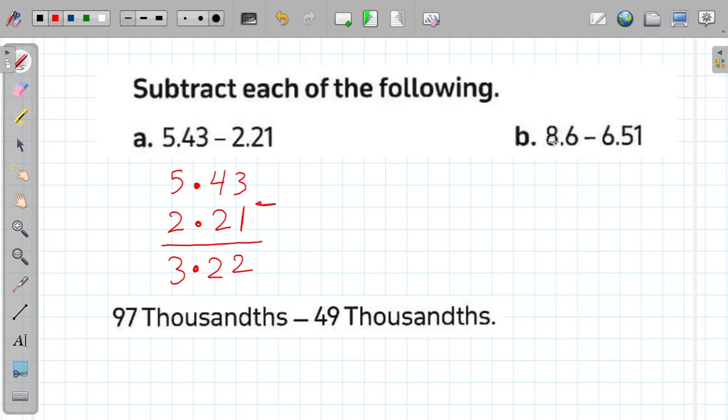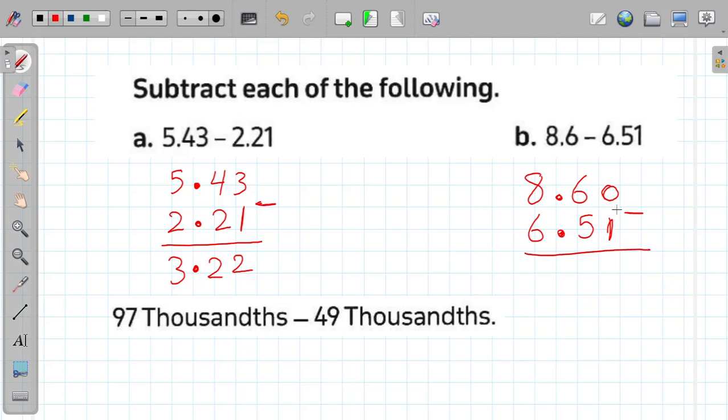Next, I have 8.6 minus 6.51. Okay, so I will write 8.6, and next I have 6.51. But here I don't have any digit, so I will put a 0.